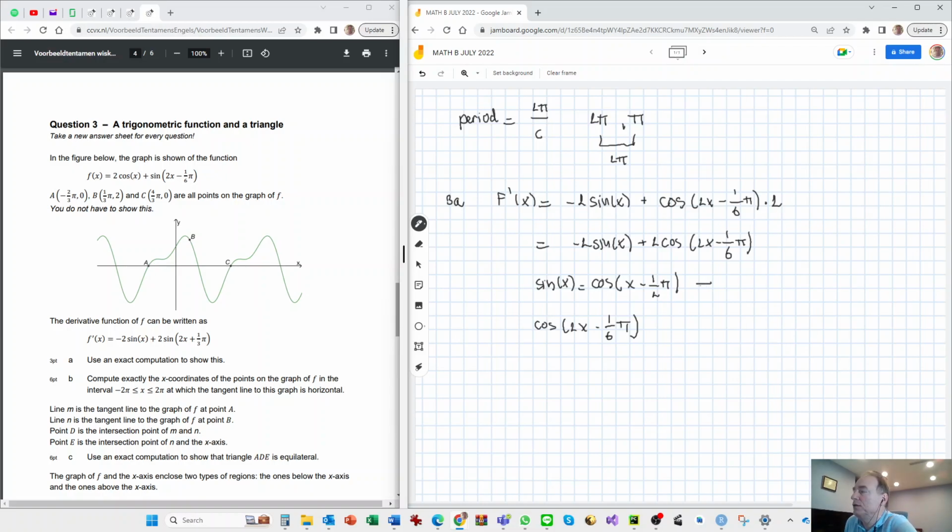Let's rewrite this a little bit, and since this is equivalent to saying that sine of x plus 1/2 pi is the cosine of x, you can reversely say that the cosine function is the sine function translated to the left.